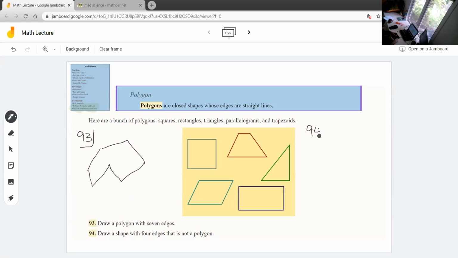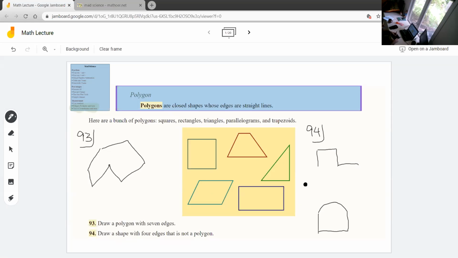For 94, there's 2 ways to do this. Polygons have to be closed. So maybe you made something that had 4 edges and wasn't closed. Closed means comes back to where it started. And polygons have to have straight lines. So maybe you made something that had a curve instead.